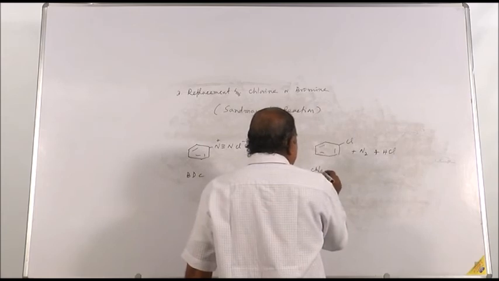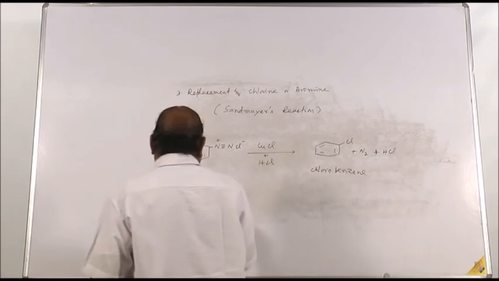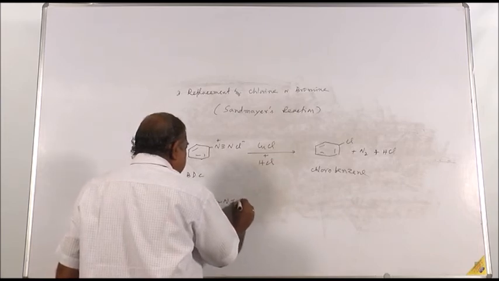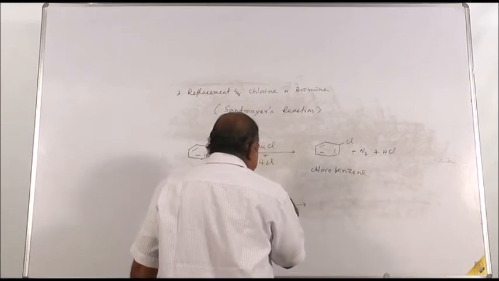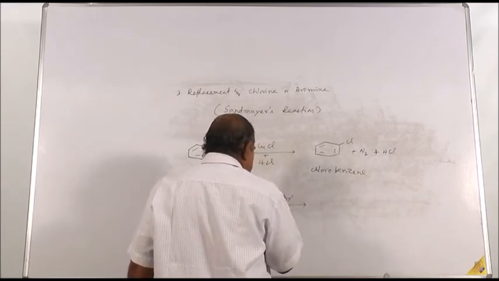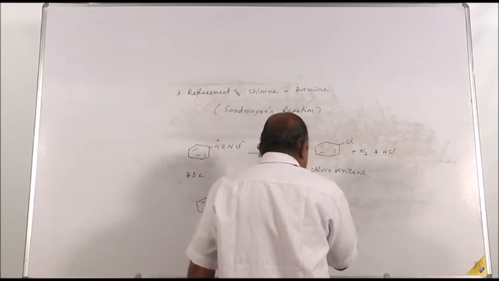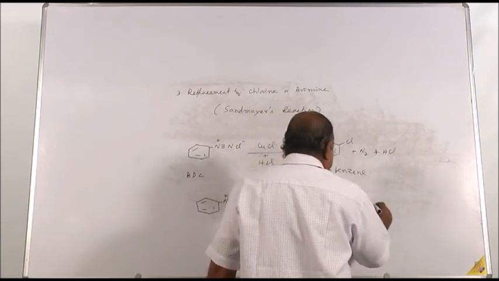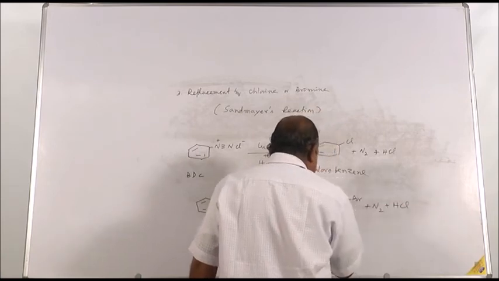So you are getting chlorobenzene. When the same benzene diazonium chloride is treated with cuprous bromide in presence of hydrobromic acid, the diazo group will be replaced by bromine, giving you bromobenzene.